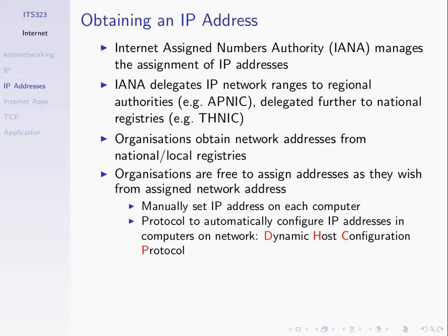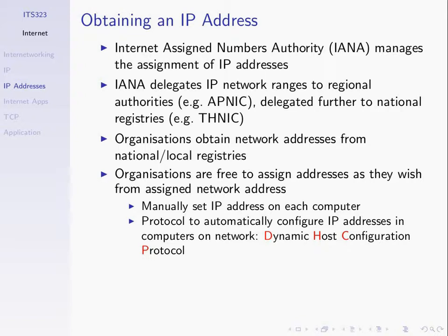There's actually some organizations that hand out IP addresses. On a global level, IANA, they distribute it to regional network information centers. In Asia Pacific, there's APNIC. So remember, 32-bit IP addresses, there's only about 4 billion possible values.